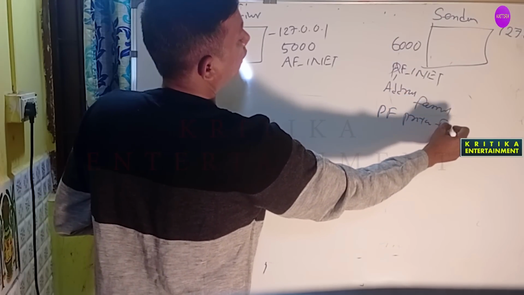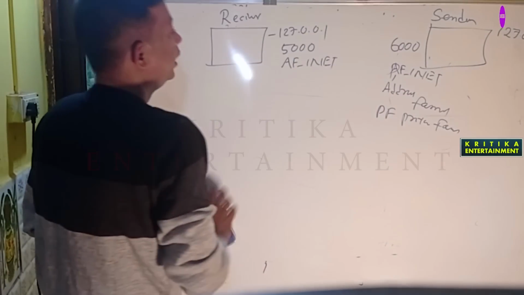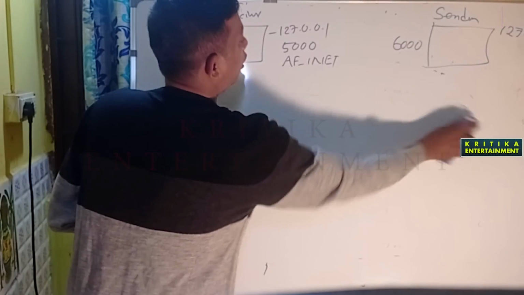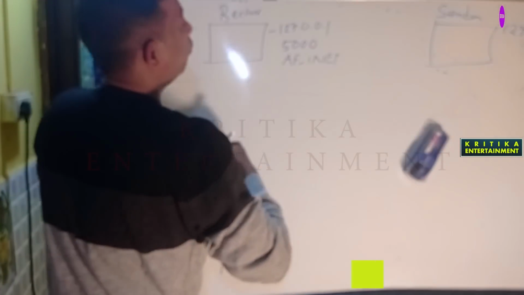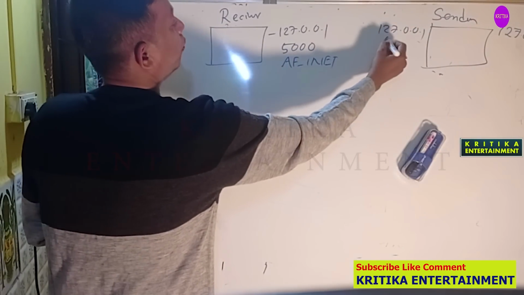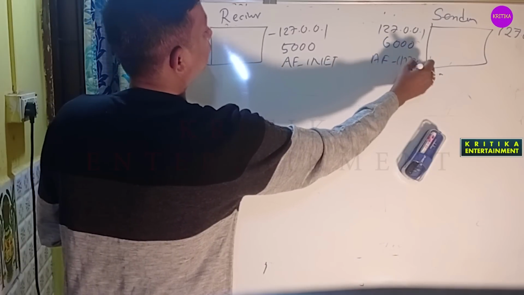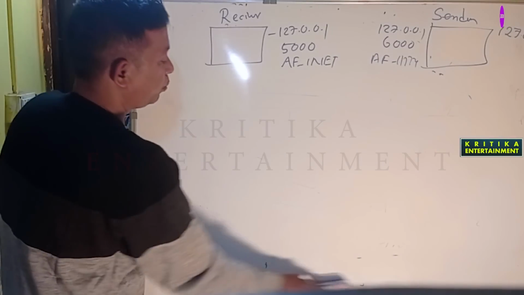So this is a receiver, this is a sender. The sender uses IP address 127.0.0.1, port 6000, and AF_INET. Okay, so I will run this program.